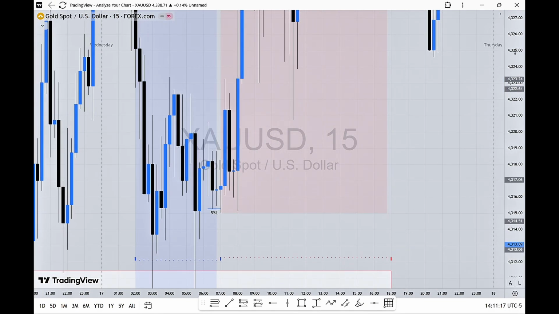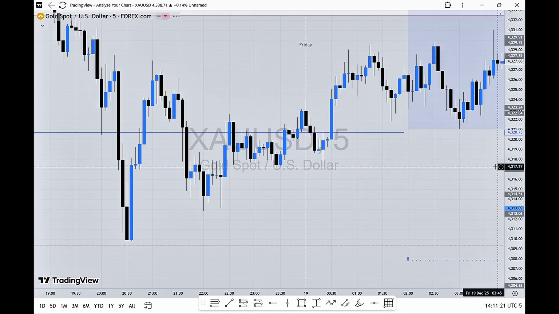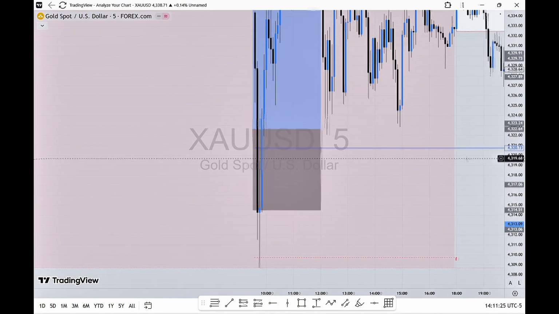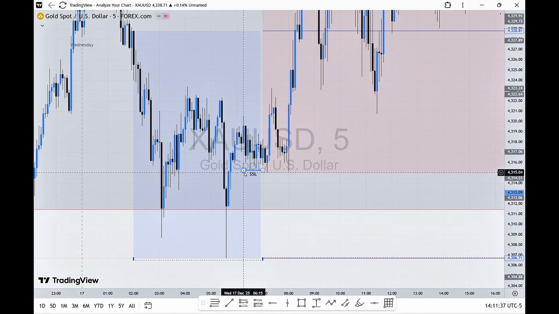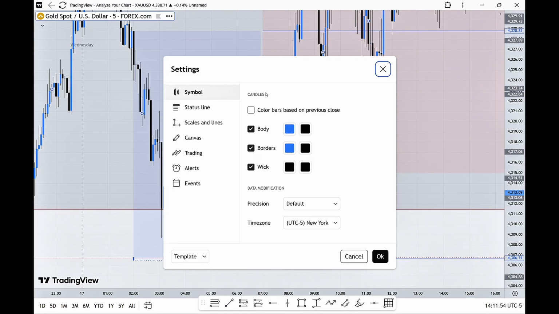Right now, from the 15 minutes time frame, it may not be that visible, but when we head down to the 5 minutes time frame, where it is very visible and where I will take my trade, as you can see here, it is now very visible. The market opened, the New York session opened, headed down, taking this liquidity, giving us a very clean market structure shift over here, right?